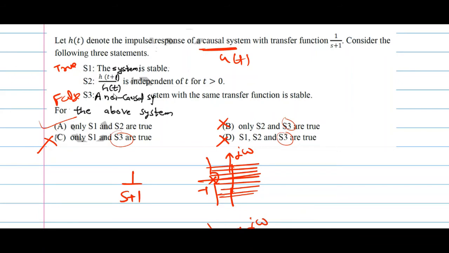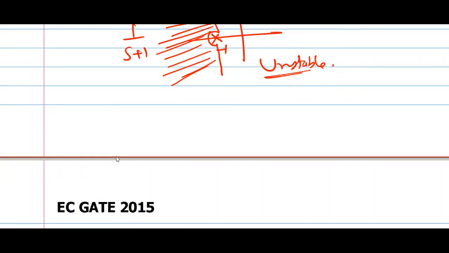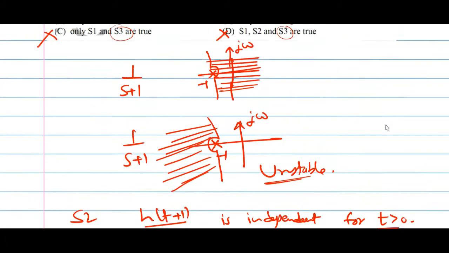According to statement 2, h of t plus 1 upon h of t is independent of t. That we have to check for t greater than 0. In the statement they have mentioned t greater than 0.